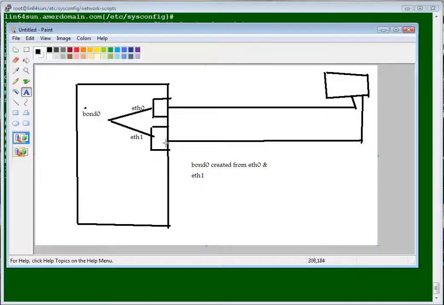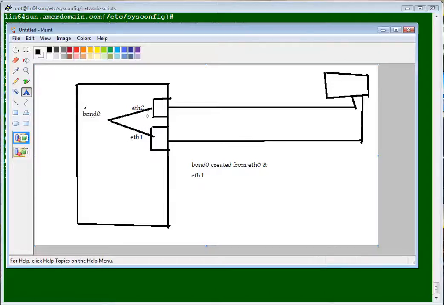And instead of assigning the IP address to Ethernet 0 or Ethernet 1, we are assigning it to bond 0, so that when there is any problem in either card, that IP address will still be up and running. That is the purpose.